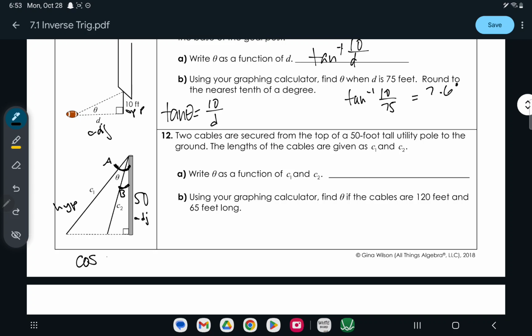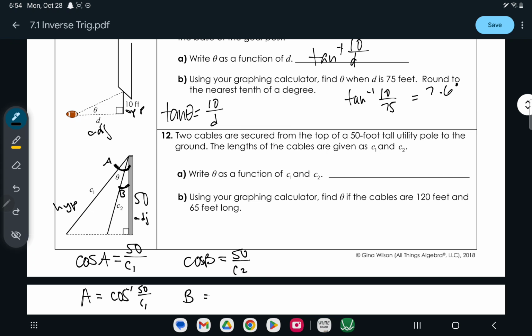So cosine of A is 50 over C1. So if I were to solve for angle A, you'd have to do the inverse cosine. So A is inverse cosine 50 over C1. And then B is going to be the same thing. So cosine B is 50 over C2.